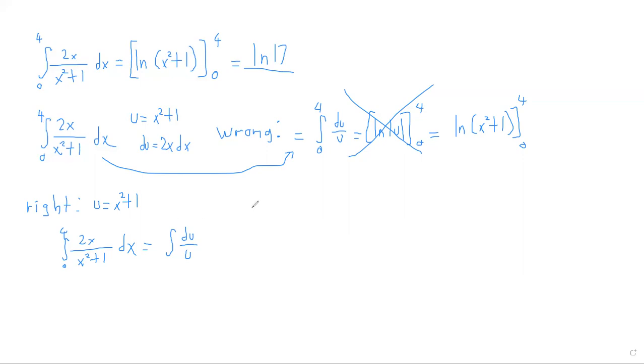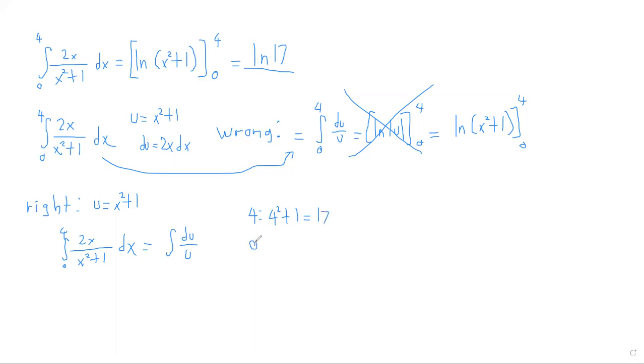Here's how we do it. Originally the upper bound was 4. So x squared plus 1, 4 squared plus 1, is equal to 17.